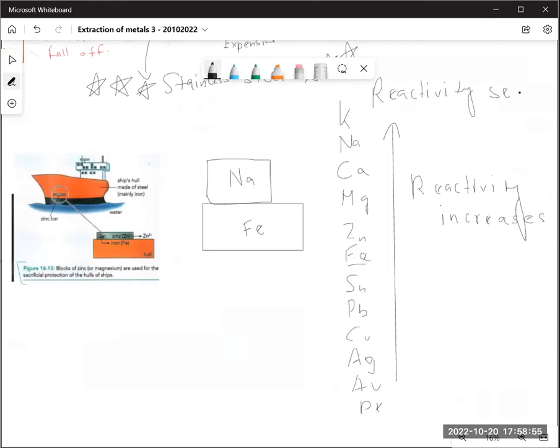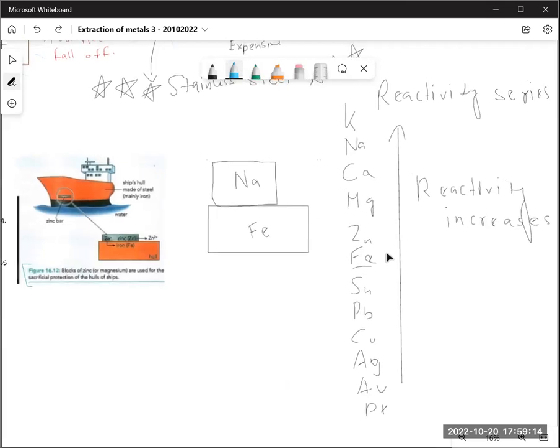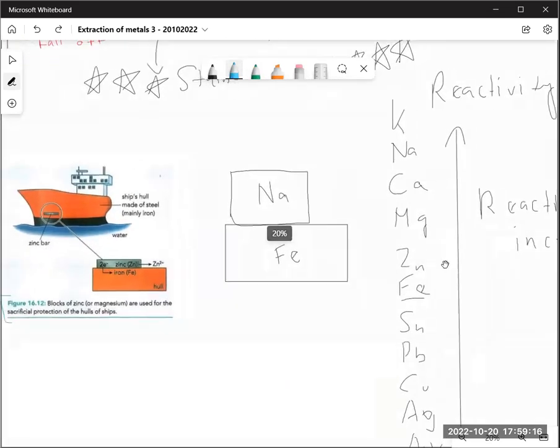Potassium. Safa, can you name any metal which is more reactive than iron, other than sodium and potassium? Magnesium. Perfect. Now, Lula, give me one more.